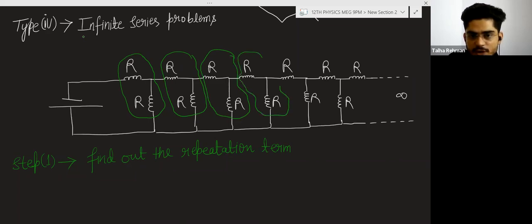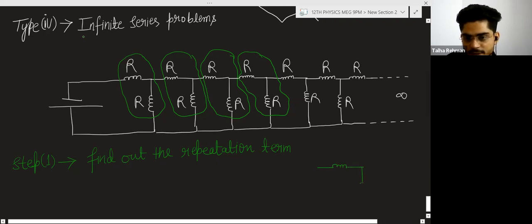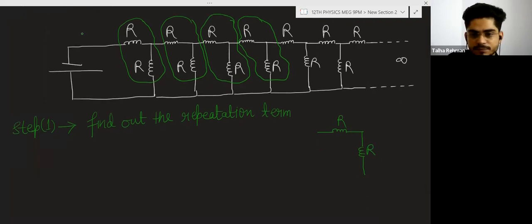So we have to find the repeated term. This thing is repeating again and again, this and this in the circuit. This is the repetition term in this circuit.